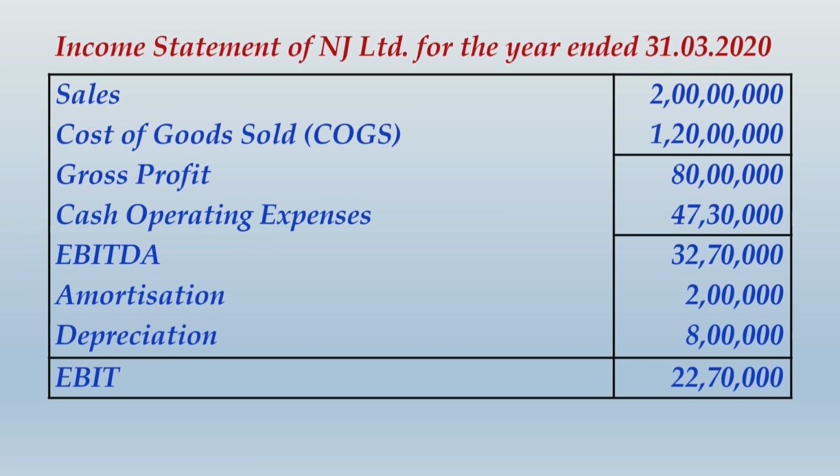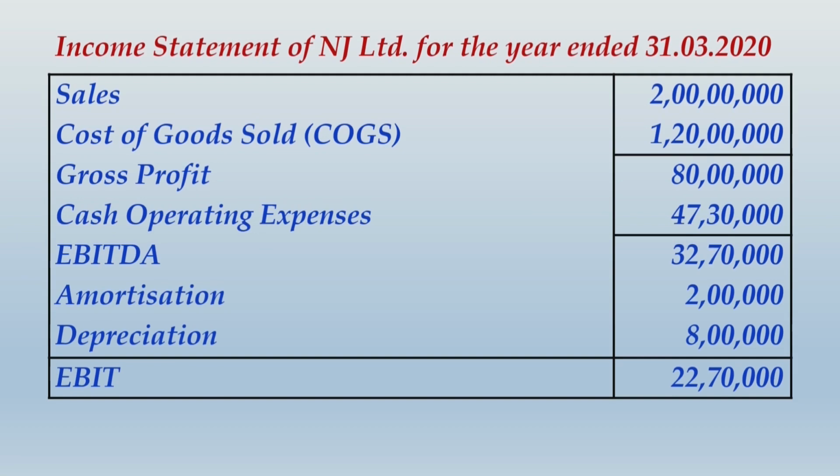So amortization and depreciation once subtracted from EBITDA, what you get is EBIT, that is earnings before interest and tax. We have been learning throughout the earlier topics in financial management that EBIT, earnings before interest and tax, is basically operating profit of the company.